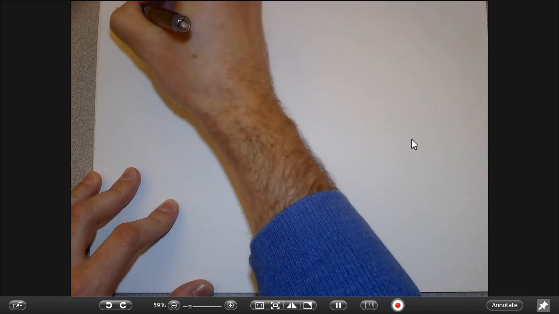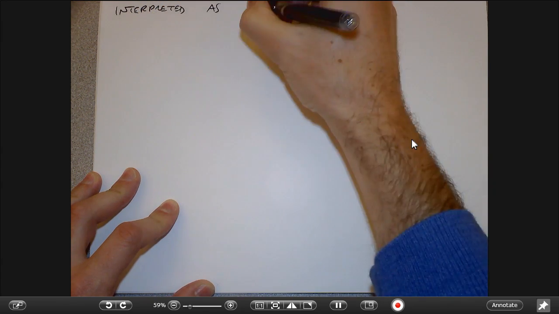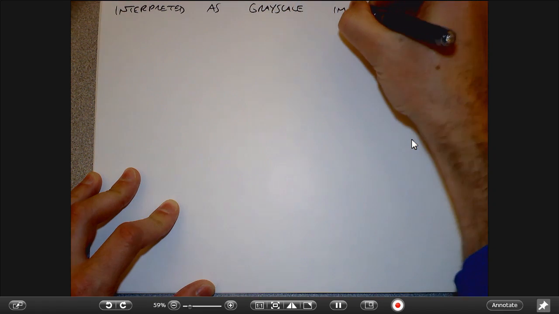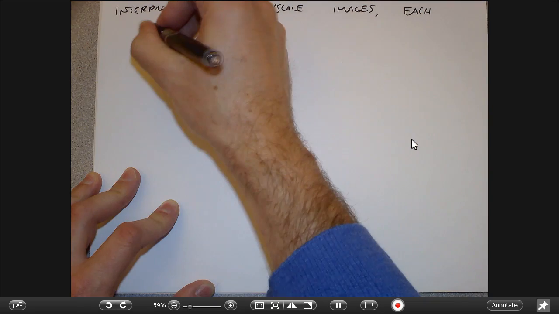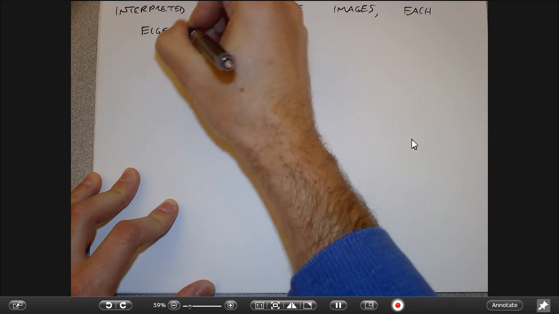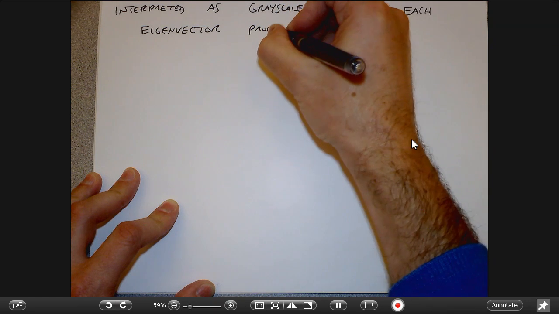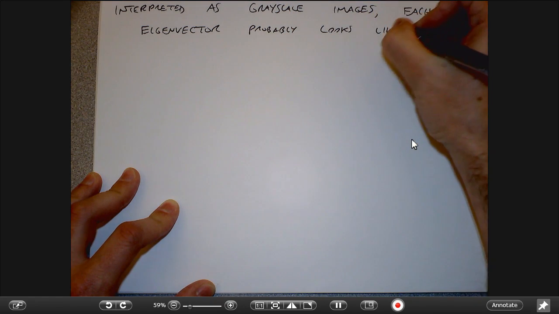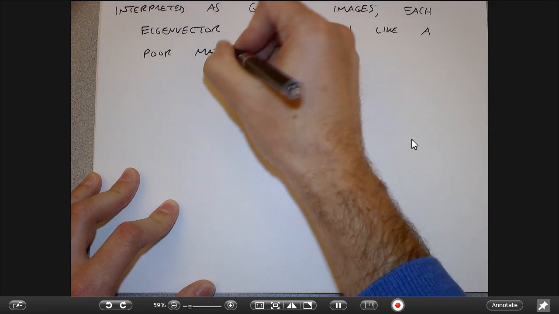Interpreted as grayscale images, each eigenvector probably looks like a poorer map, right?